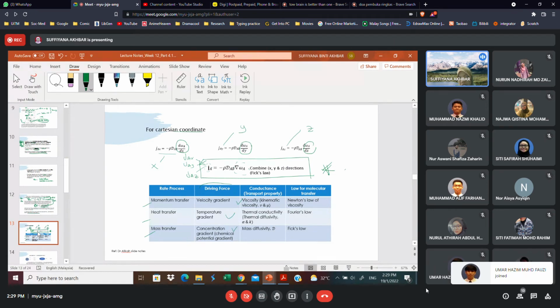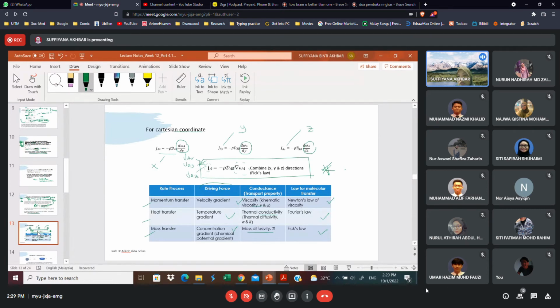For transport property, for momentum it is viscosity, for heat the thermal conductivity, meanwhile for mass transfer the transport property is mass diffusivity. The laws that relate to the process are Newton's law of viscosity for momentum, Fourier's law for heat transfer, and Fick's law for mass transfer.